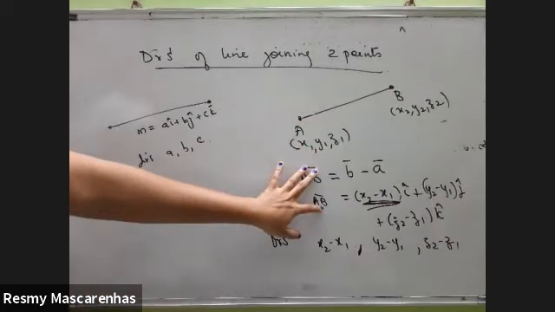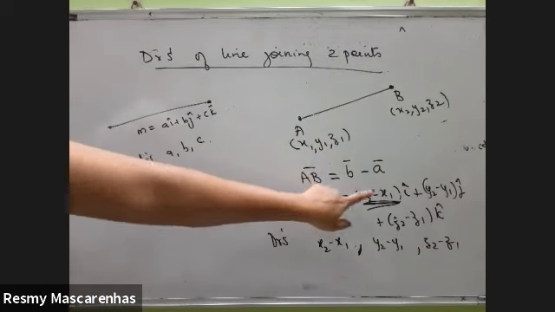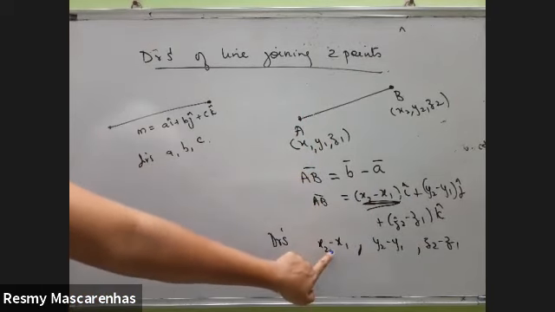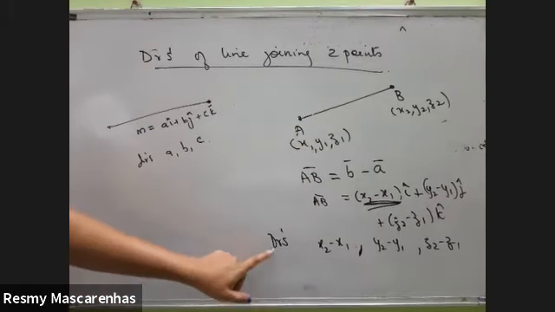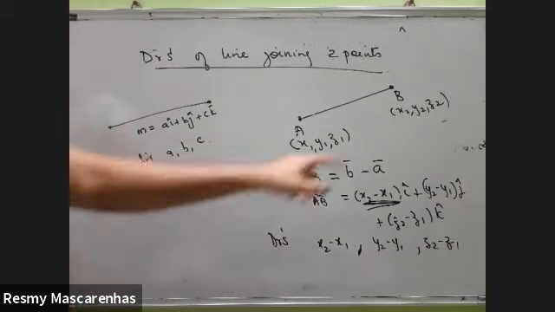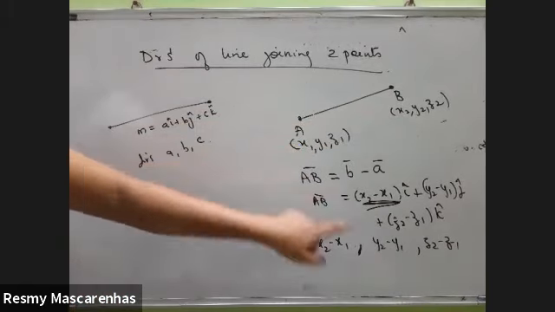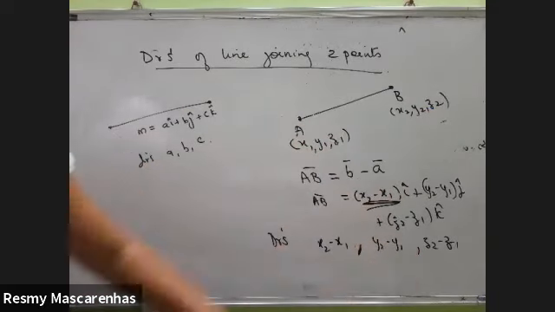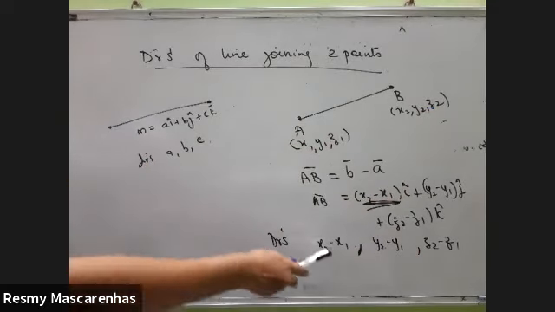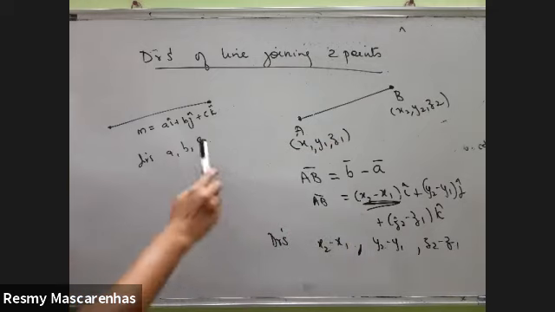No need to find the vector each time. I only showed you how you actually get this answer. Next time, if you have two points and they ask you to find the direction ratios, write it straight away: x2 minus x1, comma, y2 minus y1, comma, z2 minus z1. This is like a, this is b and this one is c.